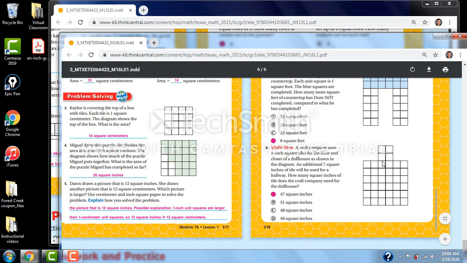That's 36, 37, 38, 39, 40. And they're going to add an additional 7. So 40, they have a total. They're going to add 7, and they will need 47. So count these, and you know you're going to need 7 more. So you add 7 to the total that you have here. That will give you 47 square inches.